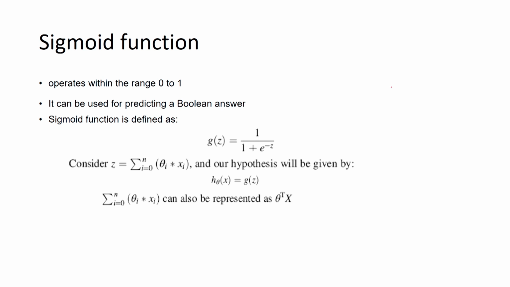For that there is a sigmoid function. The range of this sigmoid function is always from 0 to 1, and this is the function: g(z) is equal to 1 upon 1 plus e to the power minus z. So, what will happen here?